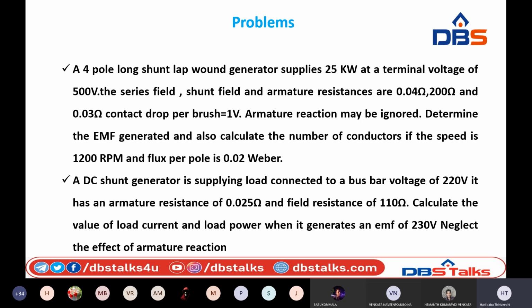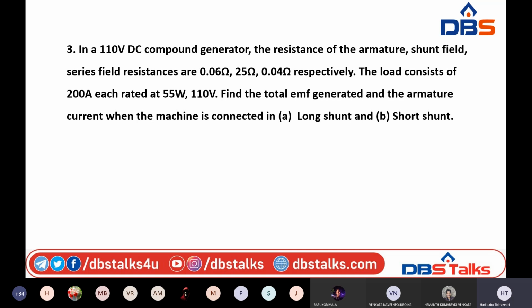Just from the diagram, you can easily determine the formula. Just learn how to draw a generator diagram. Armature and load are always the same for all generators. Only the field differs: parallel, shunt, series. So both long or short, like that. Like that you have to determine, all of you.